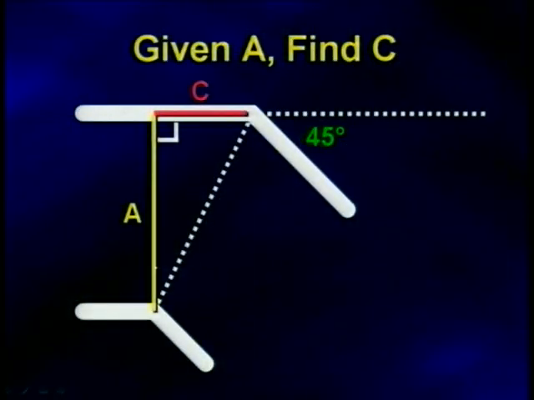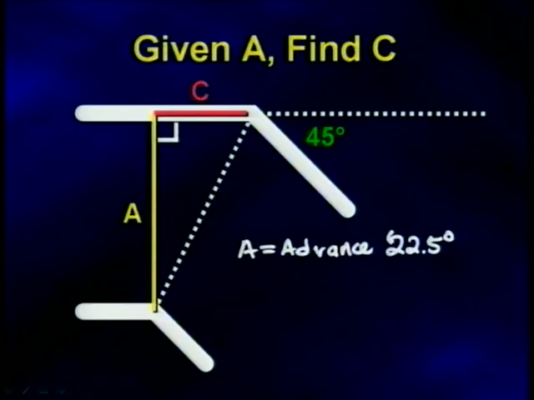So A in that case would be the advance of the offset. And it's going to be a 22.5 degree offset. And C is the set of the offset.